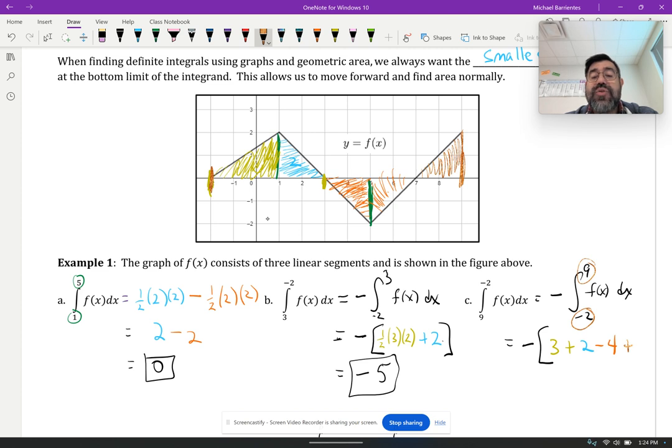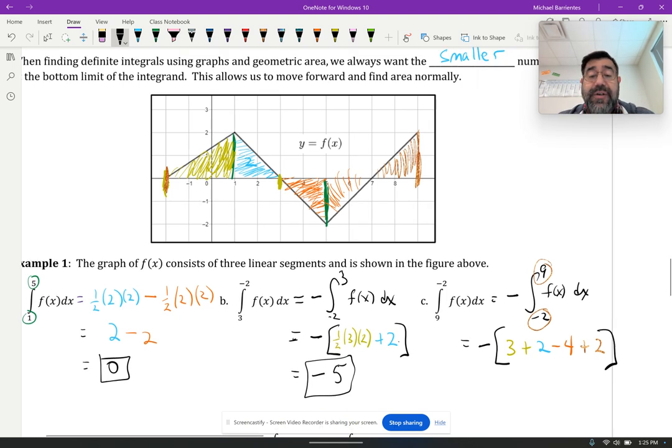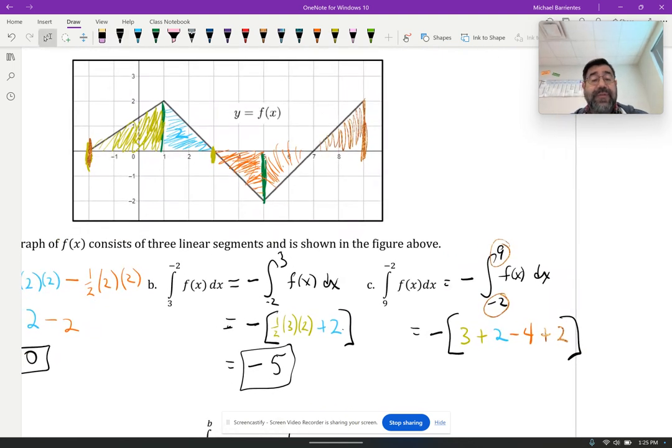So 1/2 times 2 times 2, which is just 2. And that's what I need to figure this out. So I'm trying to color code so that you can see where all these numbers came from. The first area, 3. The second area, 2 in blue. The third area is both of these orange triangles that became one big orange triangle, -4, and then +2 over here.